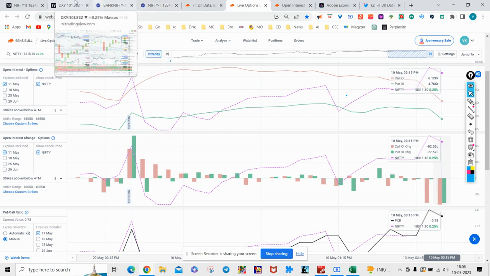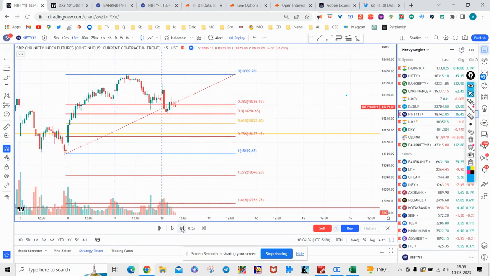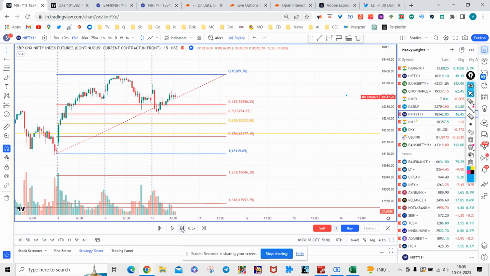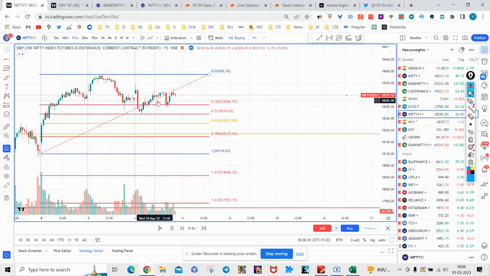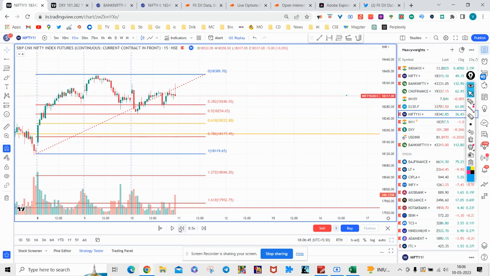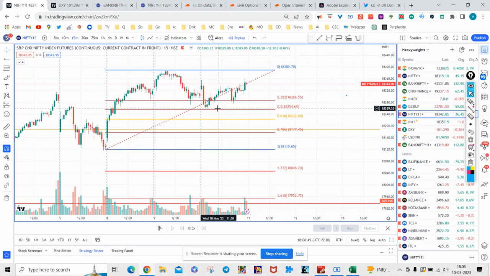So yeah, if I have to complete this replay, you can see price closes, and these are just intraday moves for stop loss hunting. You can see the price closes at the top because there is put writing as well as call unwinding, so intraday sentiment from 10 o'clock is positive.